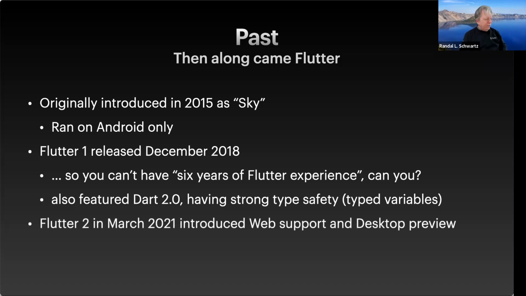Okay, so Flutter 2 came out a few years later, and that added, to everyone's surprise, web support. So we had iOS, we had Android, and we could draw pretty much pixel for pixel the same pictures on both of them and have the same interactions and everything. But web was still this other weird thing that you still had to use JavaScript with, or you could use Angular Dart until they abandoned that.